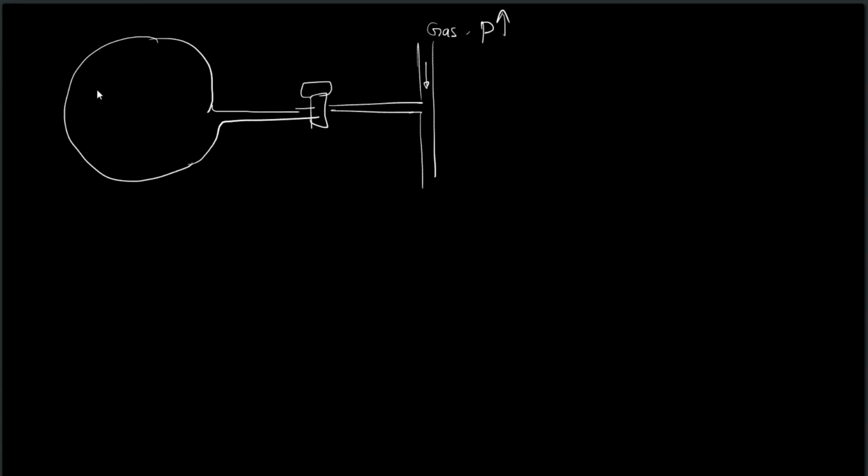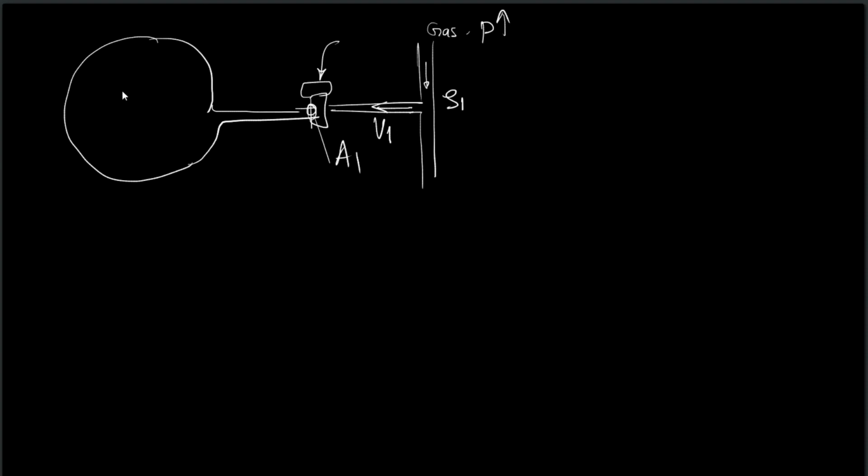Suppose the conditions of the pipeline are given as rho 1 and the velocity, say the velocity at which gas enters when this valve is open is v1, and the area of this inlet is a1.